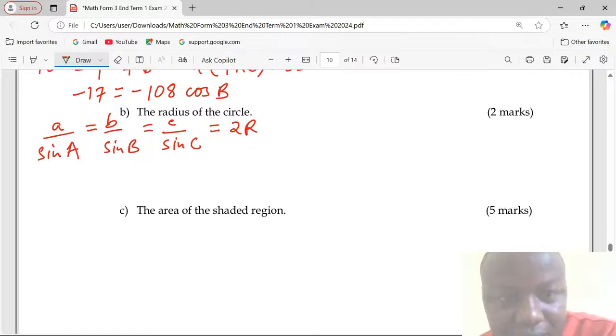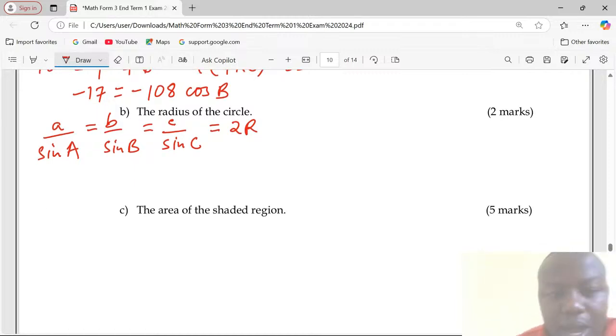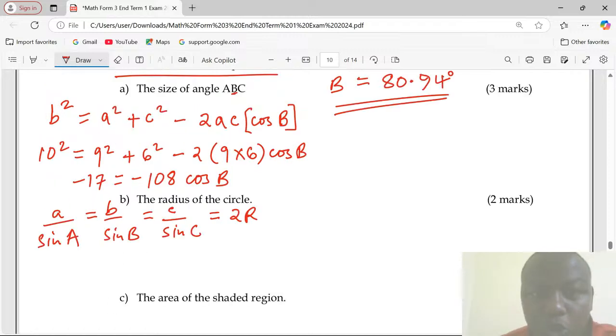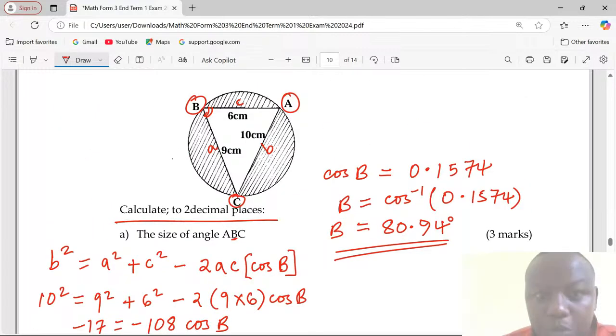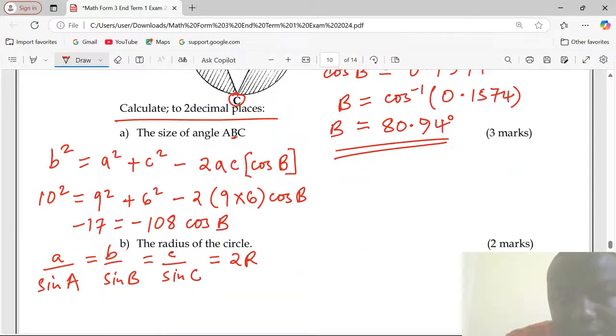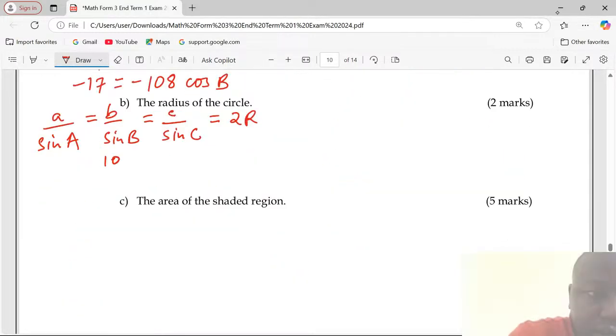So allow me to work with the side and opposite angle which are complete. For b, I have both b as 10 and the angle as 80.94. So when I take a length of 10, divide by the sine of 80.94, I will get 2R.